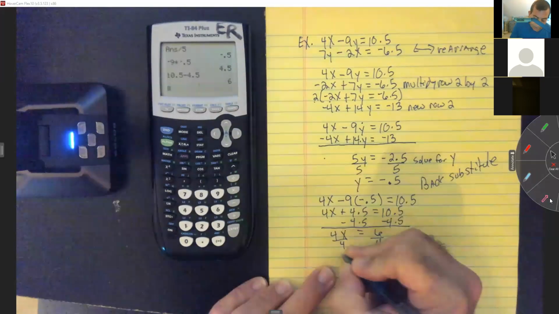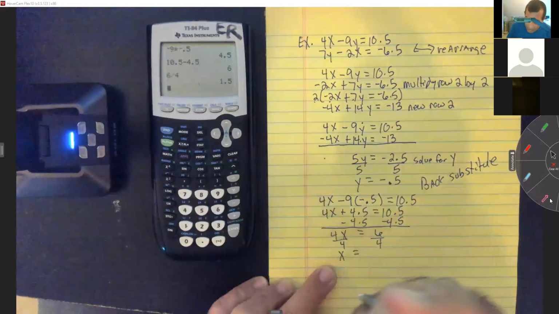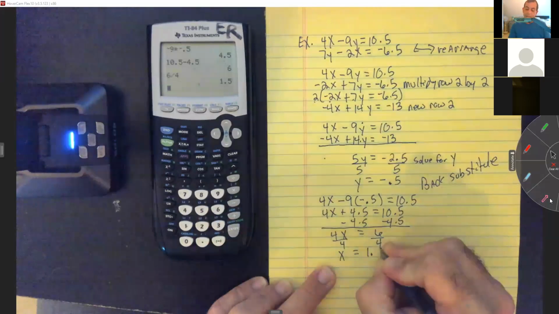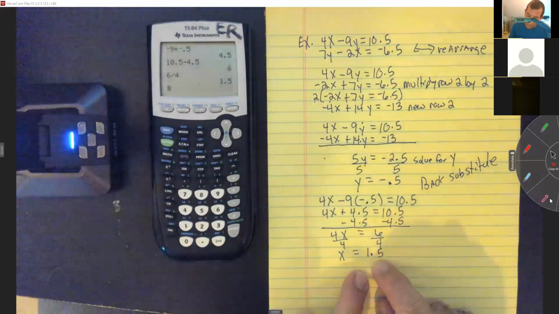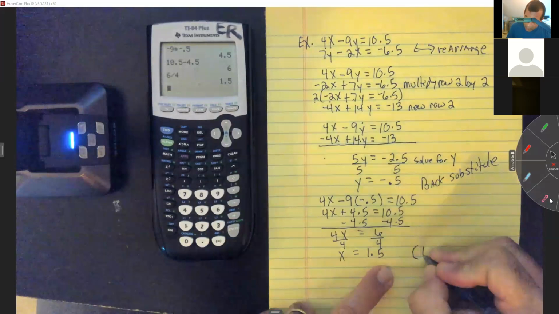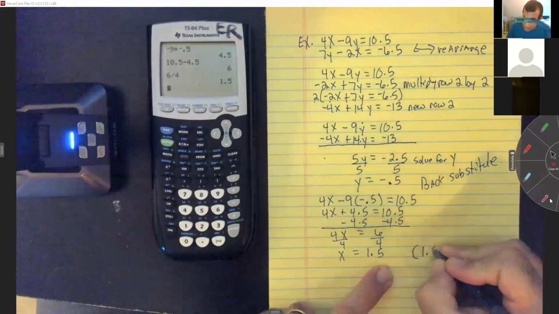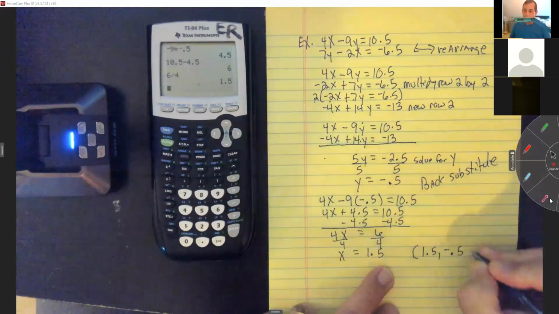So x equals 6 divided by 4 is going to give me 1.5. Now, since this one gave me decimals, I'm going to leave the answers as a decimal and not turn them into fractions. So this gave me a 1.5 for the x and then a negative 0.5 for the y.